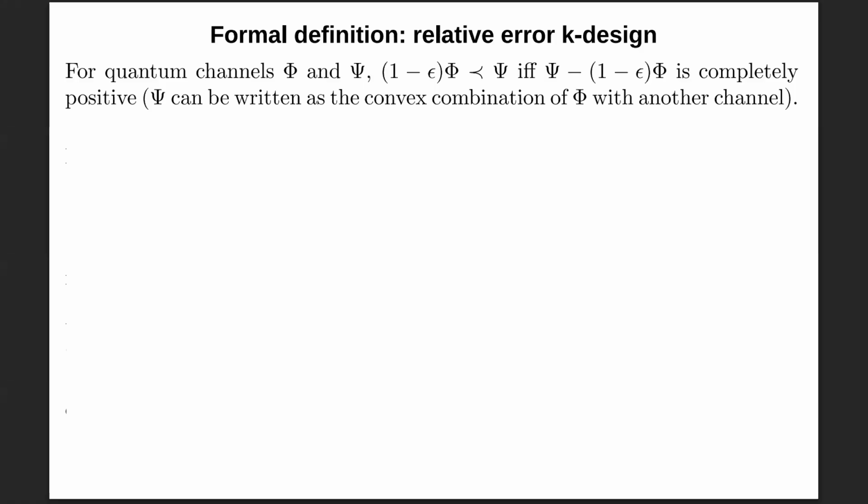And in more physical terms, I would think of it as psi being a convex or probabilistic combination that involves phi. So I could think of psi as the result of, with 1 minus epsilon probability applying phi, and with epsilon probability applying some other quantum channel.